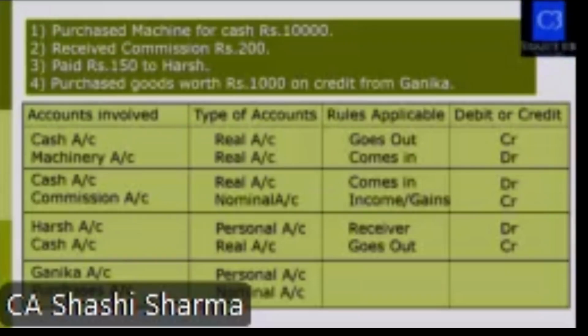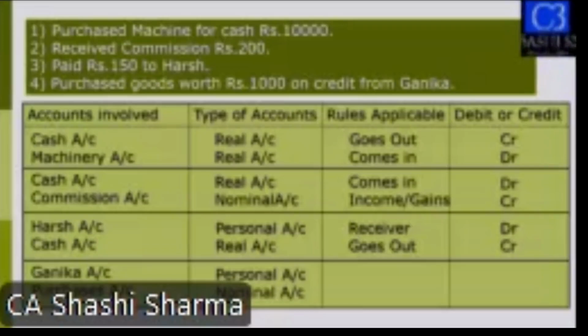But if you simply look at the word purchases, and we ignore the goods, then simply the purchase word will become a nominal account. In whatever way you look at the transaction, the result will be the same.